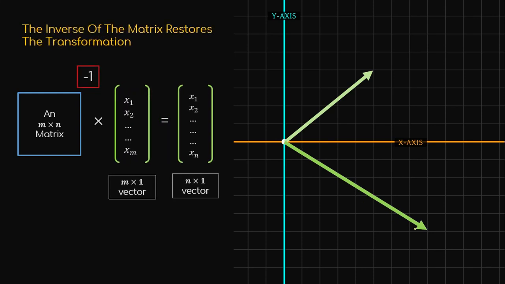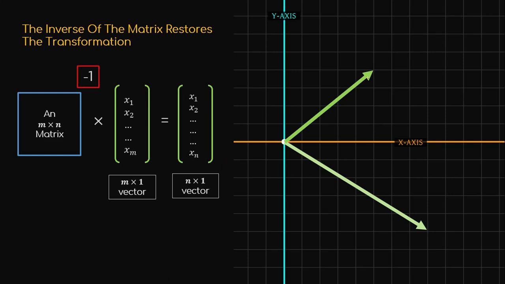If I multiply this transformed vector with the inverse of our original matrix, that will just take me back to my original place. And that is the meaning of the inverse of a matrix. A matrix causes the space to be transformed into something else, and the inverse of that matrix restores that something else to the original space. And that is the significance of an inverse.